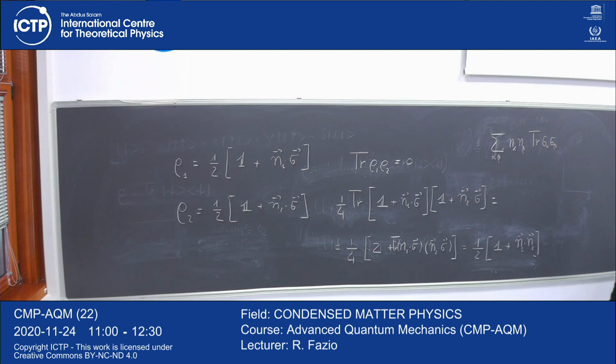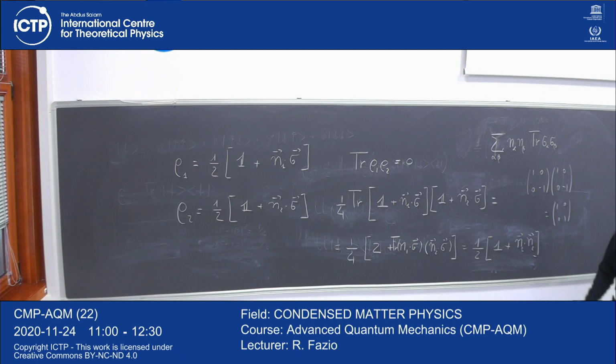Professor, can you repeat the explanation you have given on the square of the Pauli matrices? So the square of the Pauli matrix is the identity. Just try it. So for instance, sigma z is 1, minus 1, 0, 0; this times itself is equal to 1, 1, 0, 0.